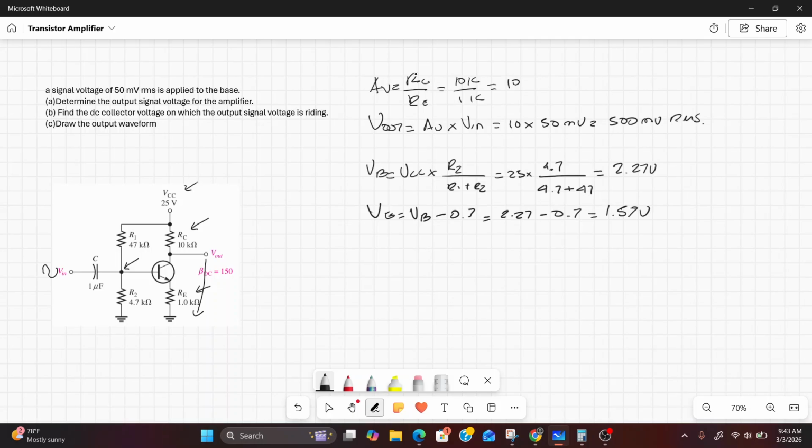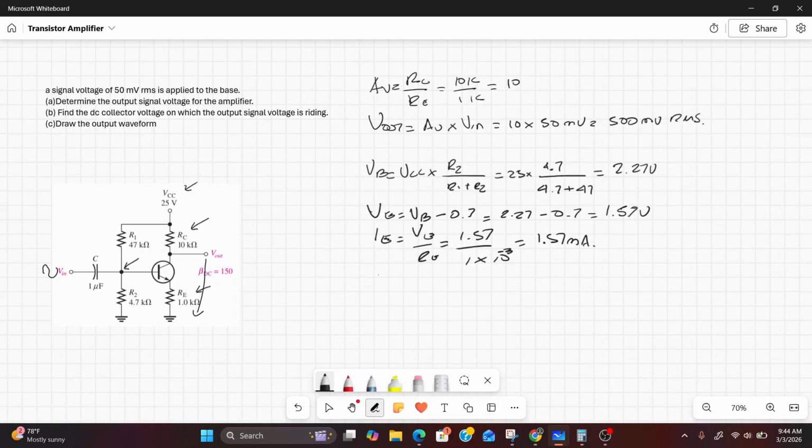Now let's calculate the current flowing through the emitter. That is equal to the voltage on the emitter over the resistance of the emitter. This equals 1.57 volts over 1 kilo ohm, that's 1 times 10 to the 3, and this is equal to 1.57 milliamps.